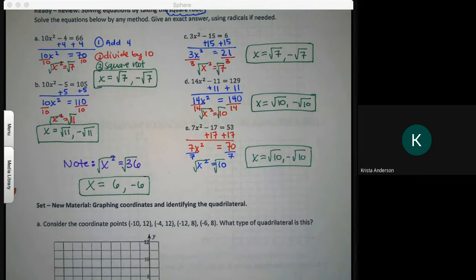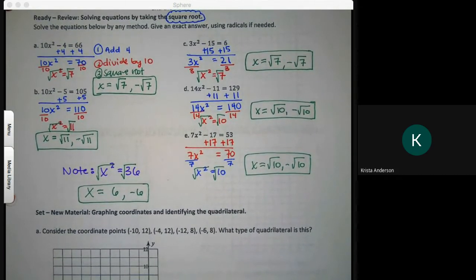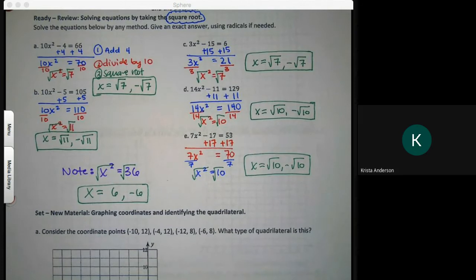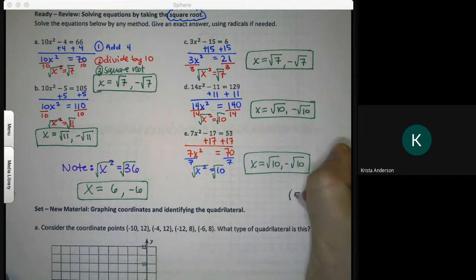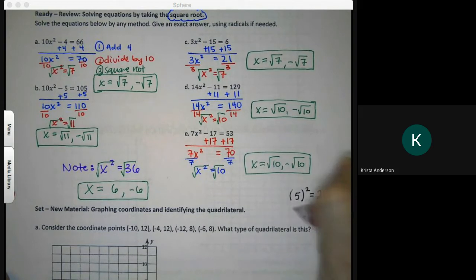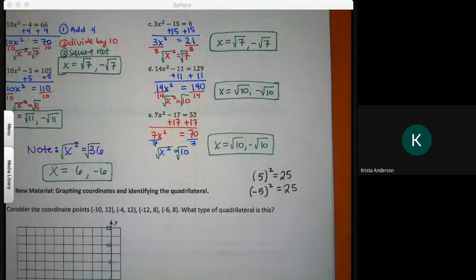Are there any questions on the first section, solving with square roots? Why is there a negative? Because when I square 5, it equals 25, and when I square a negative number, it equals the same value, right? Because -5 times -5 cancels the negative.